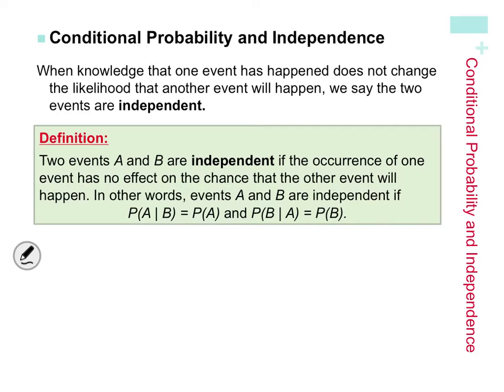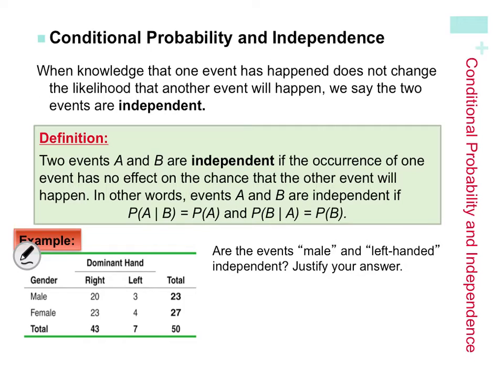So two events, A and B, are independent if the occurrence of one event has no effect on the chance that the other event will happen. In other words, events A and B are independent if the probability of A given that B happens is equal to the probability of A, and the probability of B given that A happens is also just the probability of B, meaning that it doesn't matter what happened already, the next event isn't going to change.